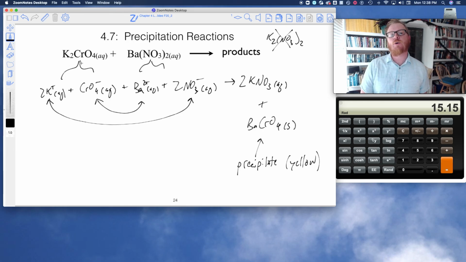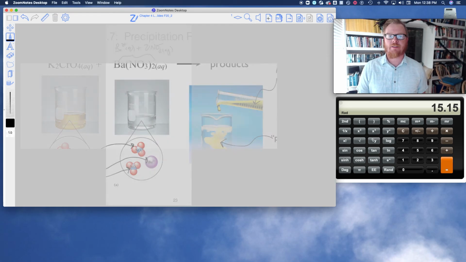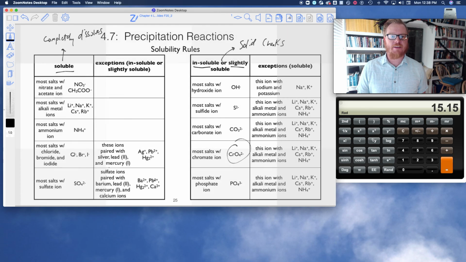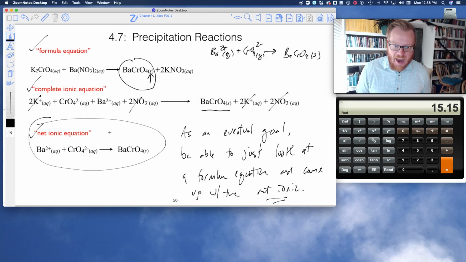If you're still not so comfortable with this, this is a great place where you need to be practicing to get good at these precipitation reactions. And, I wanted to say, the net ionic equations. Yes, being able to, as the eventual goal, get the net ionic equation.